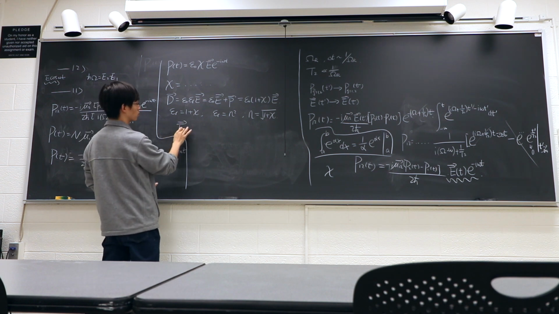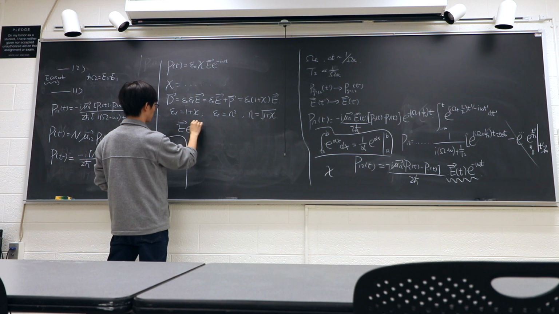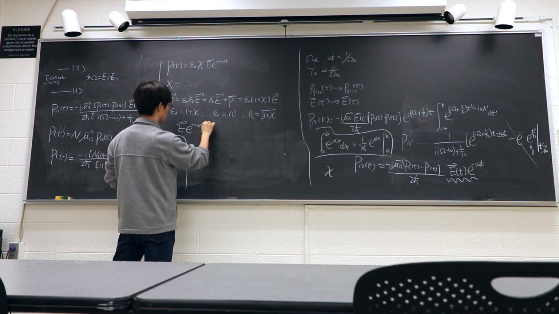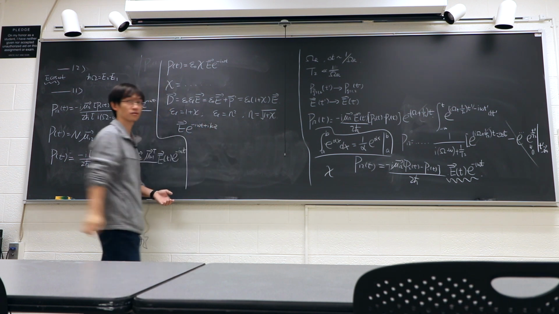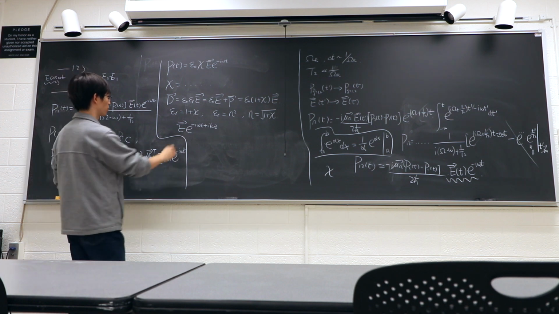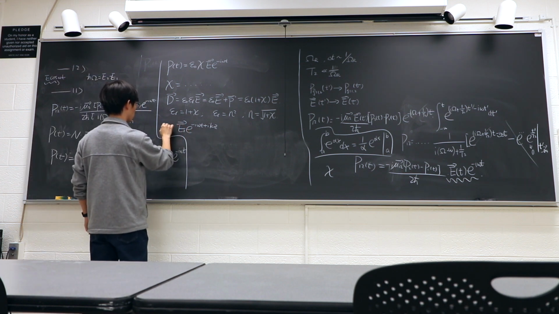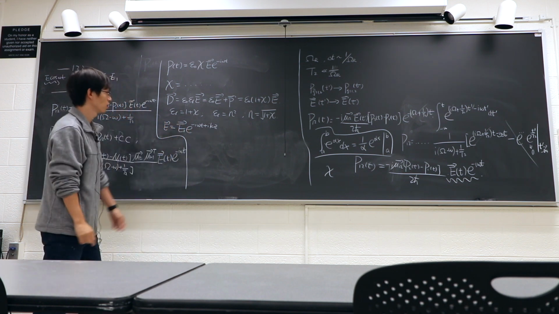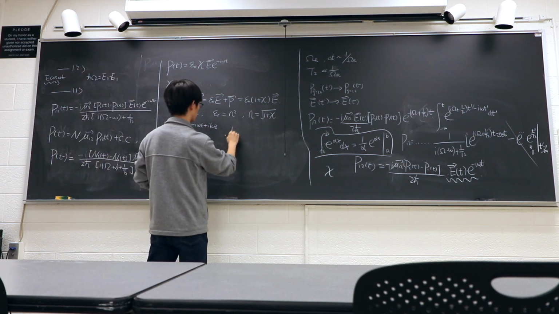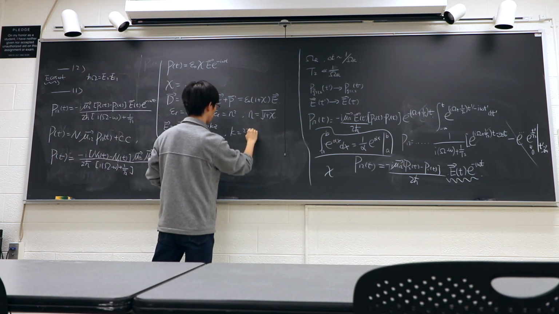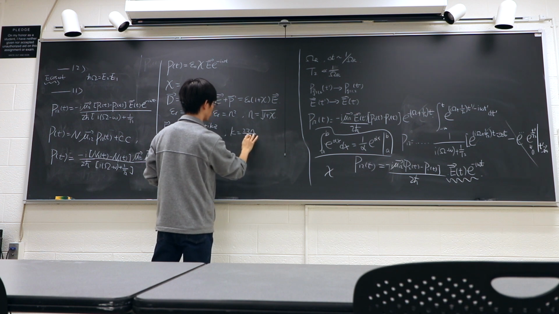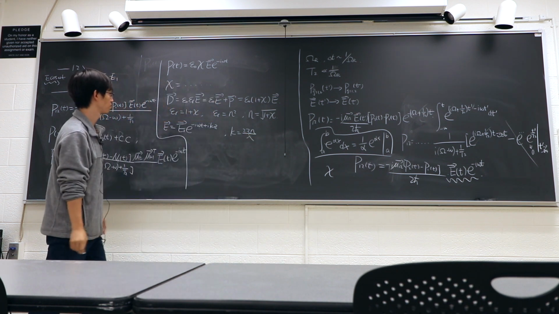So for a propagation wave, e to the minus i omega t, i k z, right? This is a propagation wave. And k is 2 pi n over lambda, right?